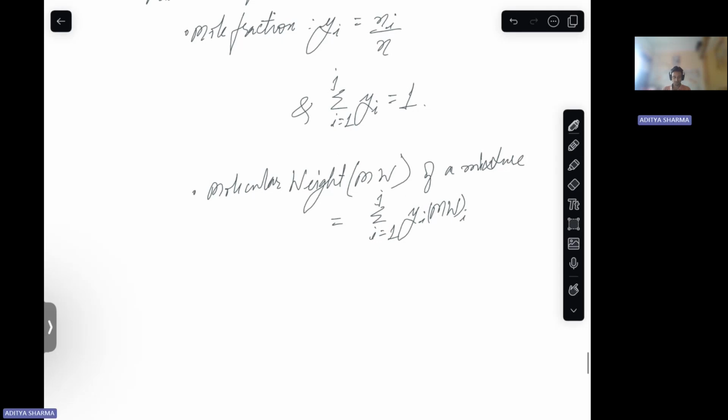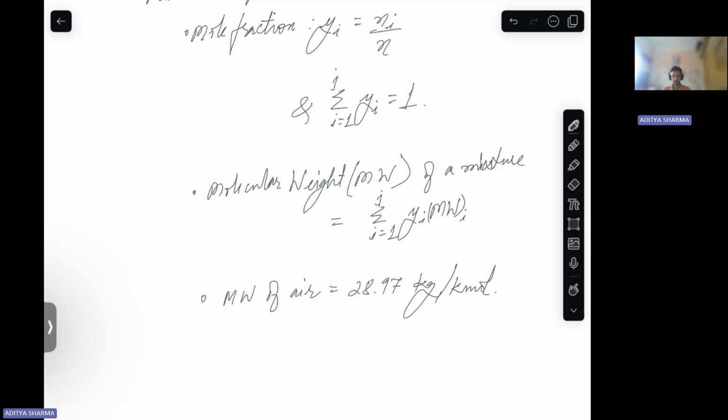So this way we can find the molecular weight of the mixture, and then the molecular weight of air. That is very useful when we study the combustion section. So this is your properties of gas mixture, right?